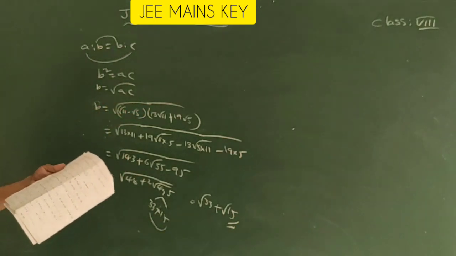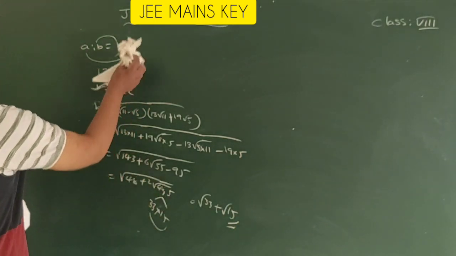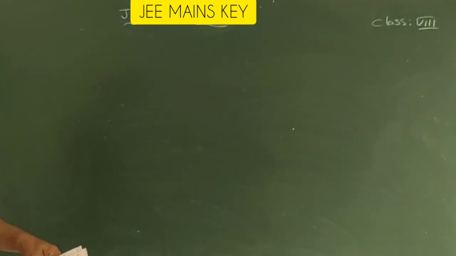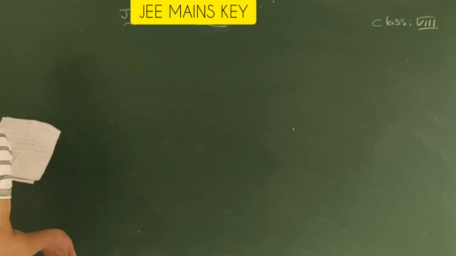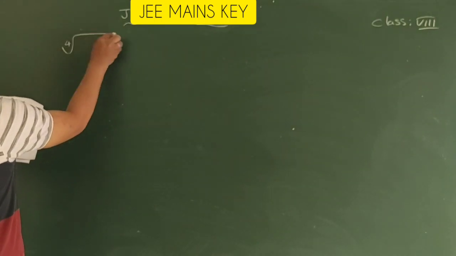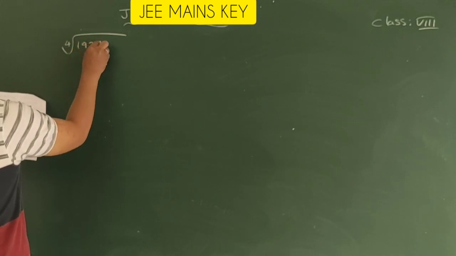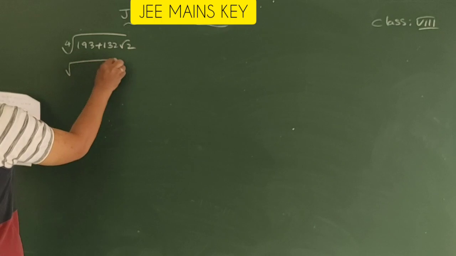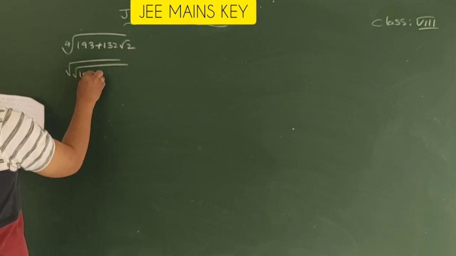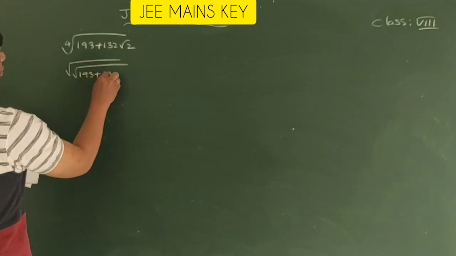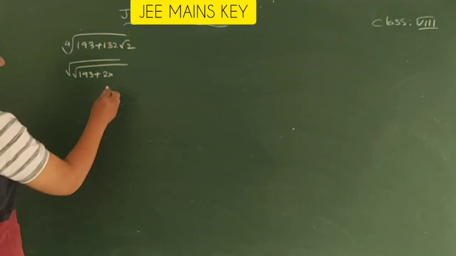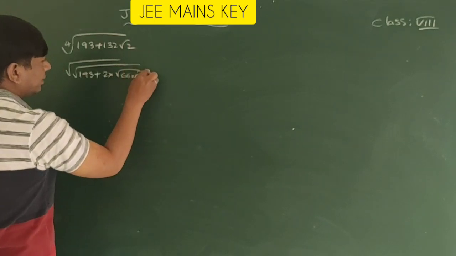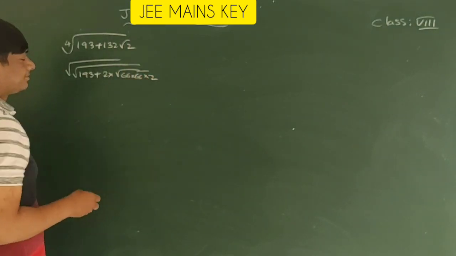And the next question is the fourth root of 193 plus 132 into root 2. The fourth root means the square root has to be found two times. That means the square root of 193 plus 2 into 66. Take 66 inside, 66 into 66 squared, and the 2 is already there.